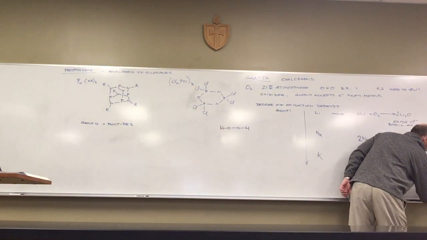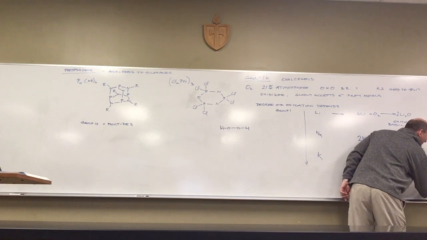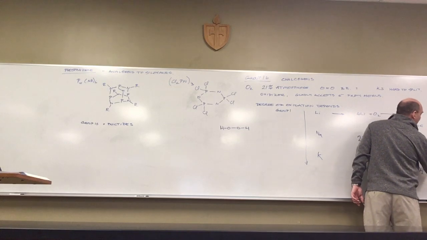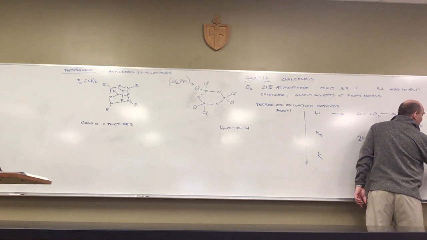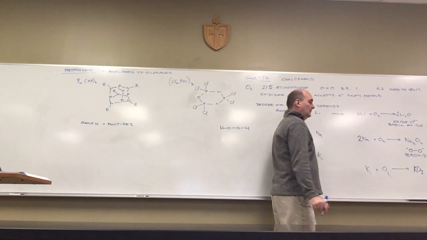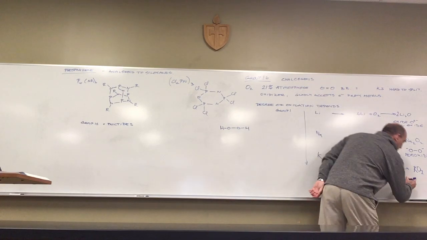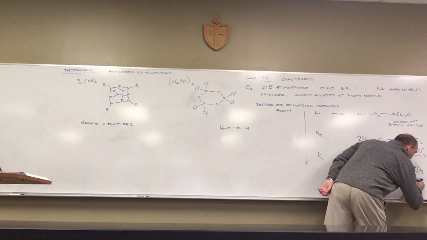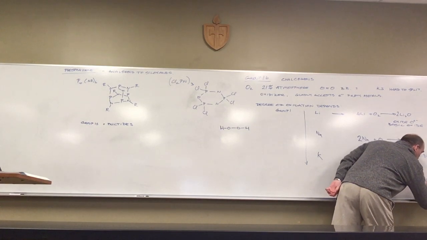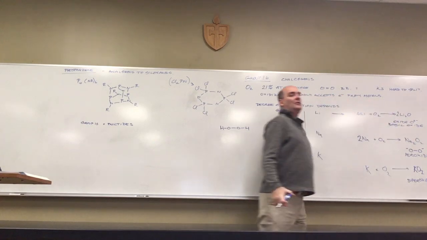This is the O2 minus ion. Peroxide was O2 2 minus. And this is called superoxide.